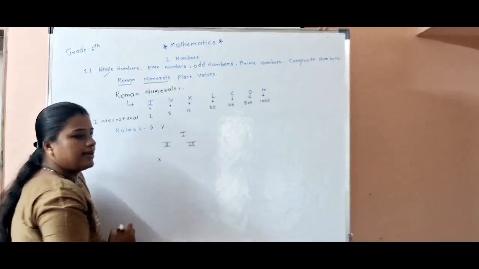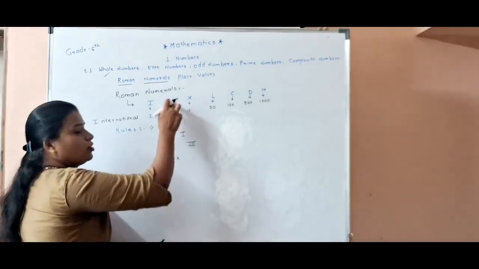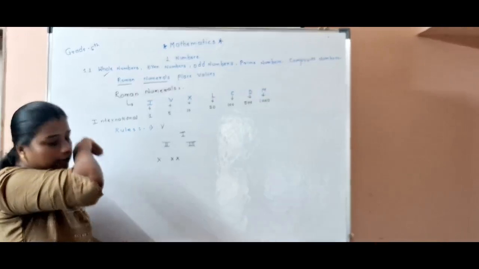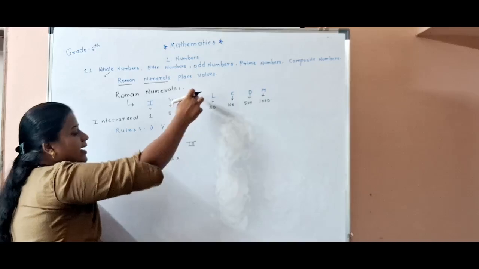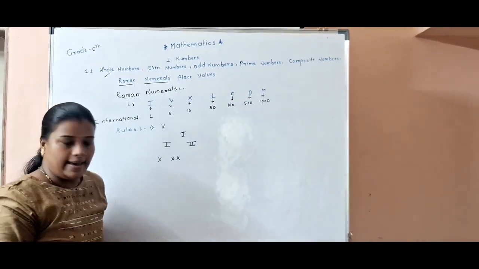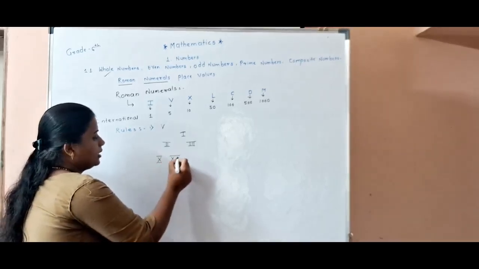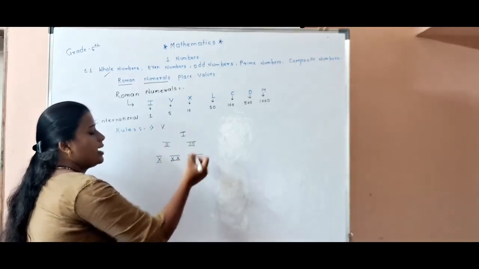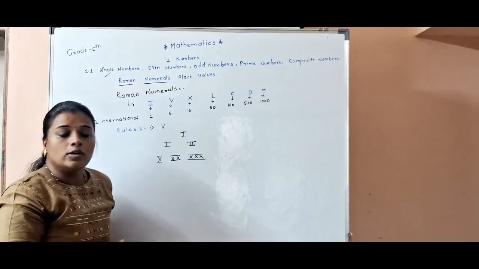Same case regarding X. 1 time, 2 times, because we are not going to take V. Now one more thing, whatever rules I explain, I will explain only taking I, V and X, and will not go for higher values, that is L, C, D and M. So X 1 time, double X 2 times and 3 times X. 4 times, 5 times, 6 times we cannot take.